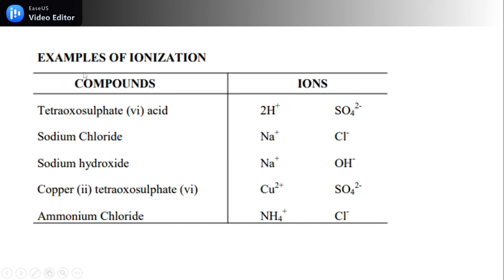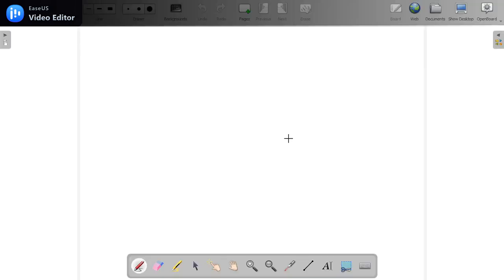So the examples of ionization here, compounds and ions, we have the acid. Can you see how it's dissociated into ions? Perhaps I should illustrate that here. We have tetraoxosulfuric acid, H2SO4. What happens?